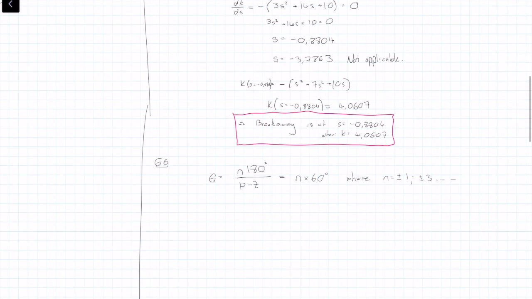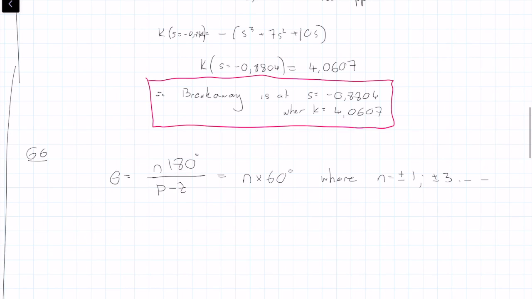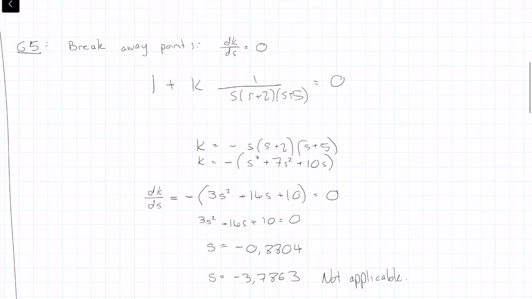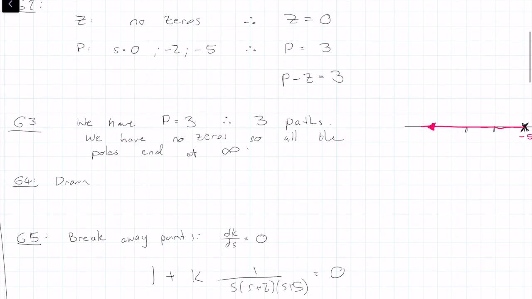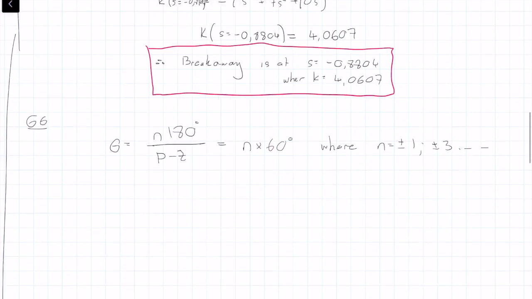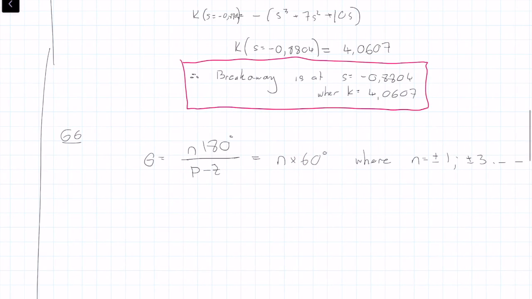So we know we need at least 3 asymptotes here because of our number of paths, so we need to do this at least 3 times. If we didn't know that, then we could just keep doing it until the terms repeat. But let's go with the first one. So for the first one, we have a 1, which would be 60 degrees.